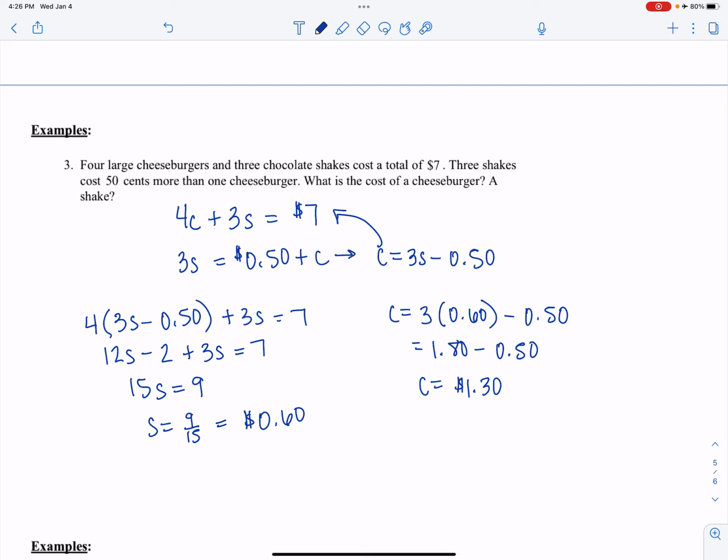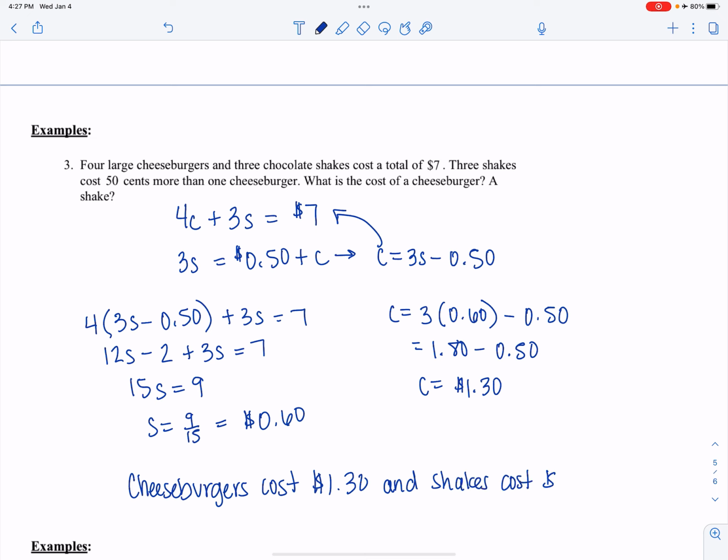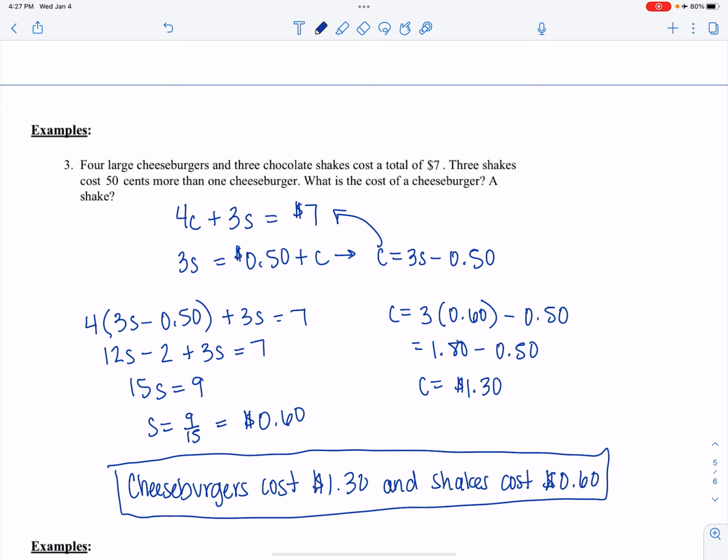Okay, so cheeseburgers cost $1.30 and shakes cost 60 cents. Cool.